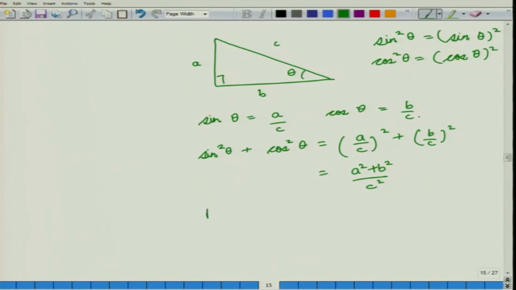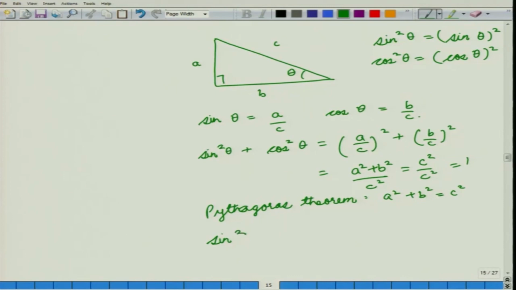Now, by Pythagoras theorem, we have A square plus B square equals C square. So, this value becomes C square by C square, which is equal to 1. So, we have sin square theta plus cos square theta equals 1.